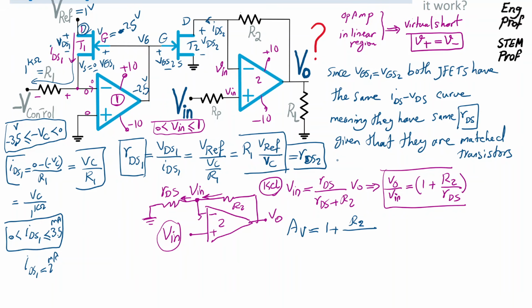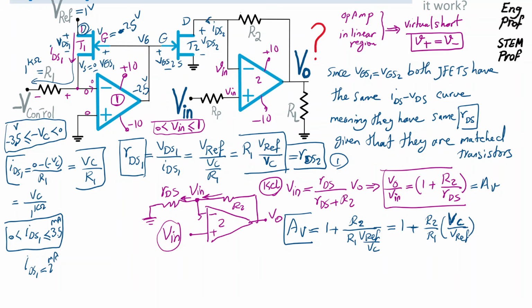I'm going to substitute using equation 1, which gives R1 times Vref over V control. So in summary, we got the gain, which is Vout over Vin. The voltage gain is 1 plus R2 over R1 times V control over Vref, which is 1 volt. So there you go, we got it.